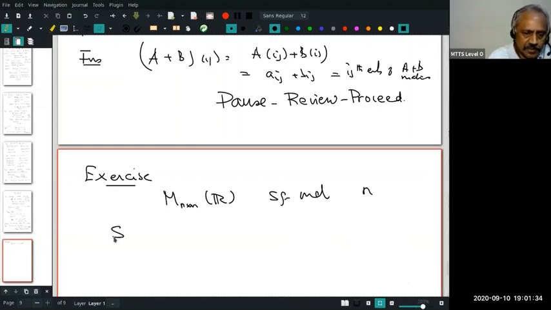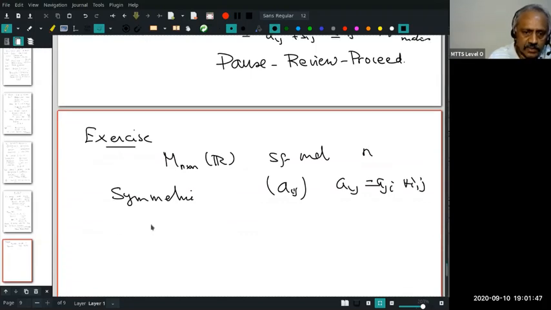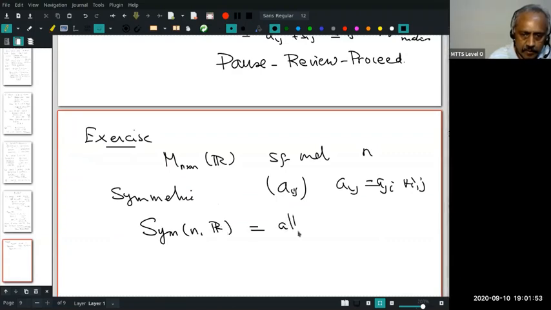Then you know what is meant by a symmetric matrix. A matrix Aij is symmetric if Aij equals Aji for all i, j. Right? So let us look at S, the symmetric matrices, all symmetric matrices of size n.